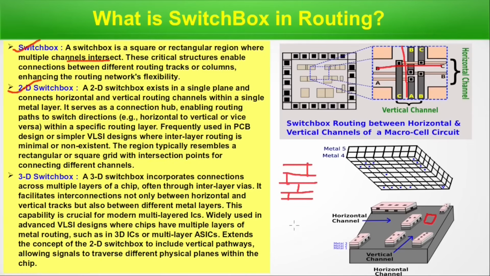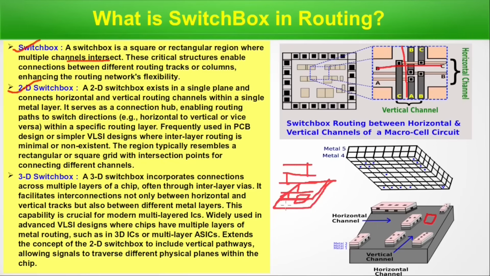I don't know whether you can understand my drawing. These vias are vertical on any horizontal plane, and a 2D switchbox exists on one single plane and connects horizontal and vertical routing channels within that single metal layer. It serves as a connection hub, enabling routing.